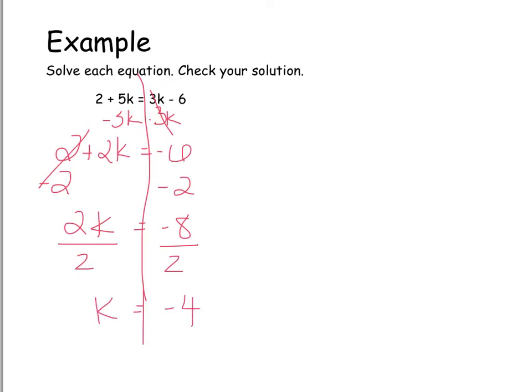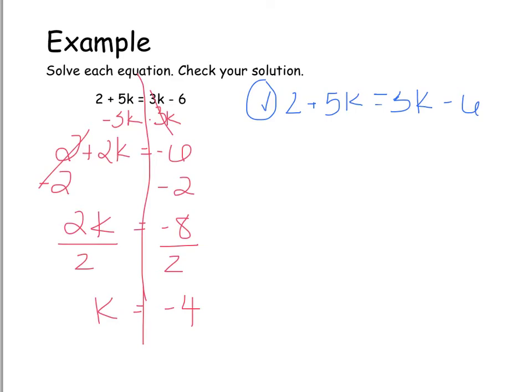Okay, now I want to check, and when we check, we always want to check with our absolute original given problem. So when we check, we'll have 2 plus 5k equals 3k minus 6.